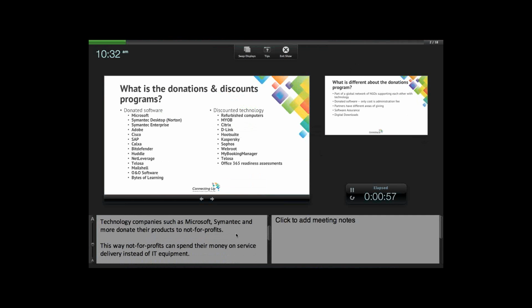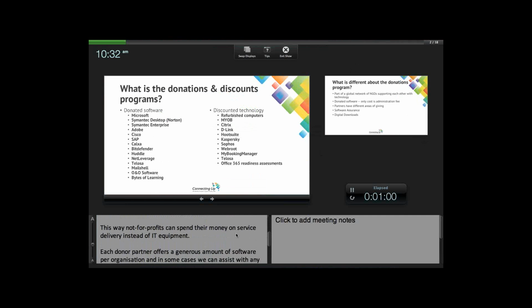They donate their products to non-profits and we help drive that for them. Now each donor partner has a specific area of giving and they have a specific allotment that they can donate every year. And the rules for each donor partner are slightly different, and we can go through that in a bit more detail later on.